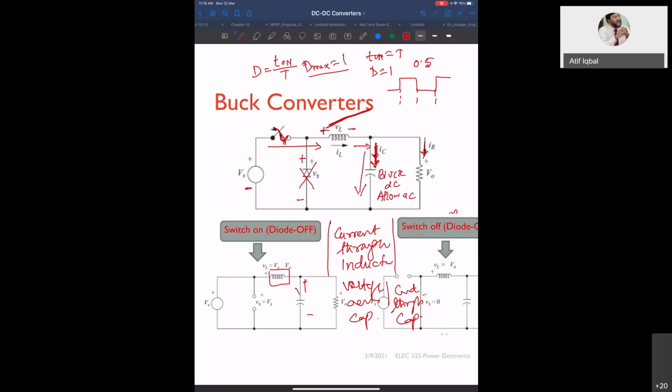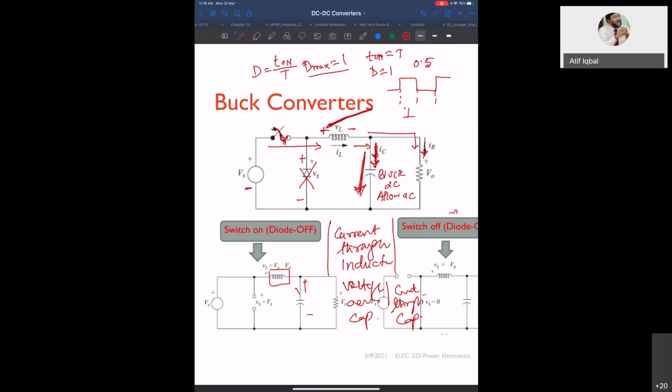The ripple is actually your AC component. So whatever is the ripple in the inductor current will be passed through the capacitor, and the average value of the inductor current will go to the load.